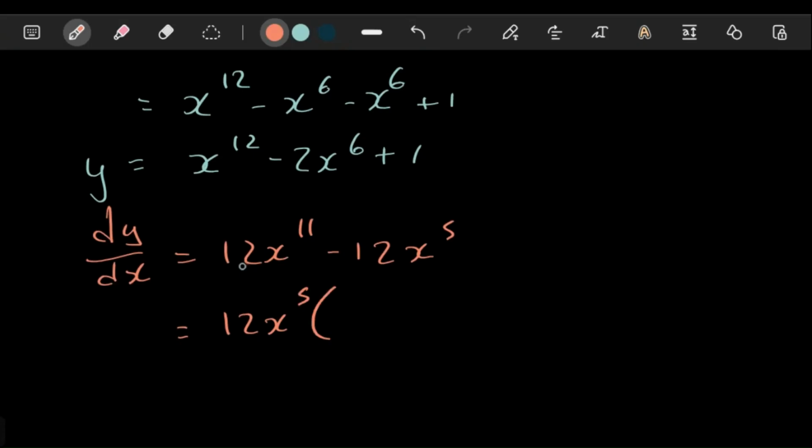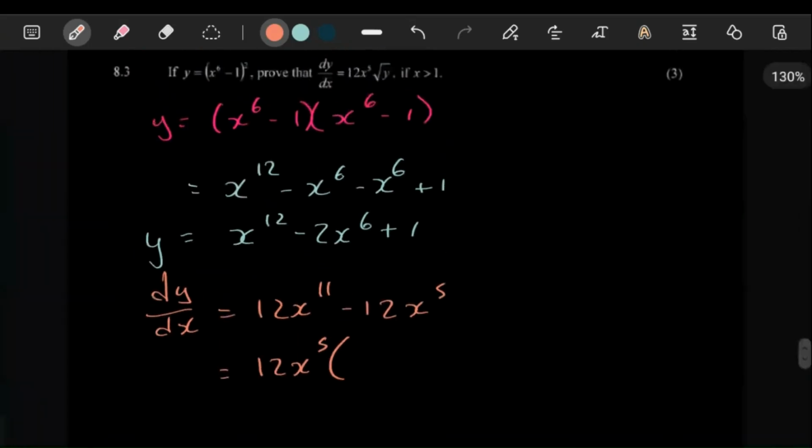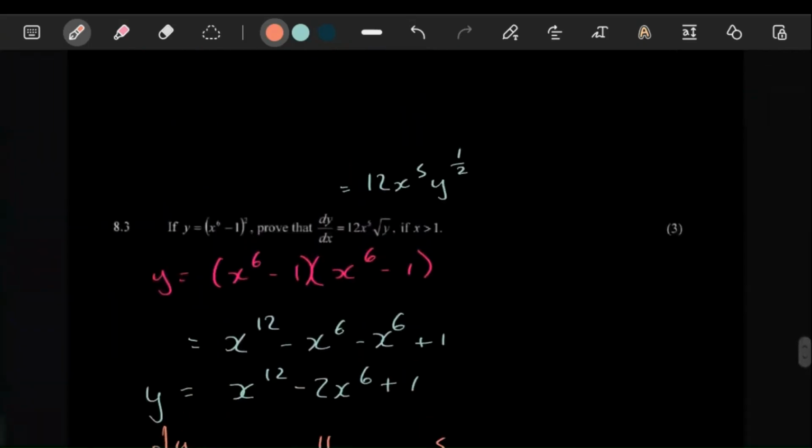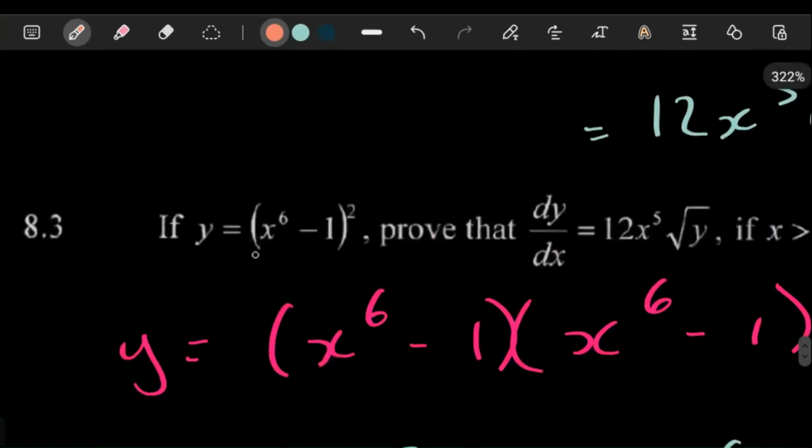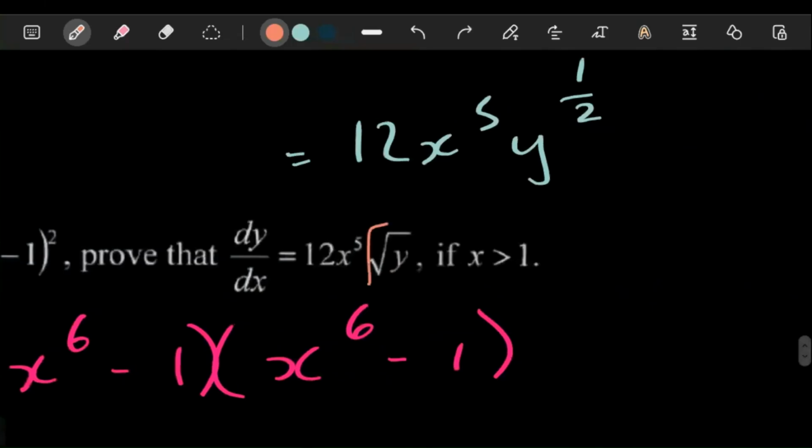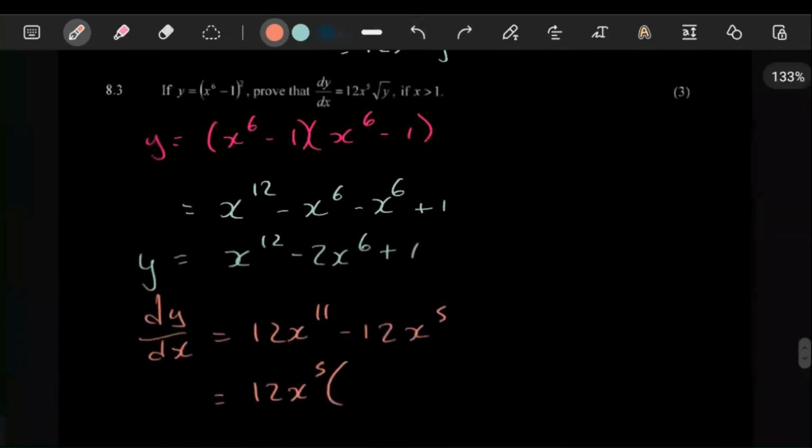What I'm trying to do is have something that resembles what we have over here, because that's the only way we can maybe incorporate a y. See, so 12x to the power 5 is out, which is what we're already seeing there. What's left here is that the 12 is gone, the 5 is gone, so there's 6 left. This is all gone.